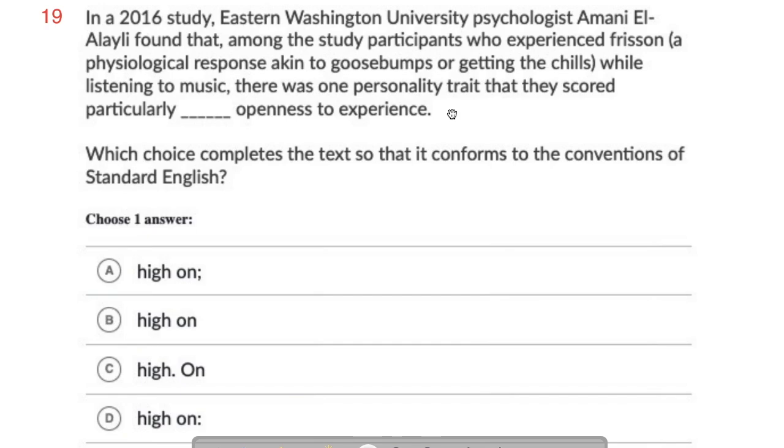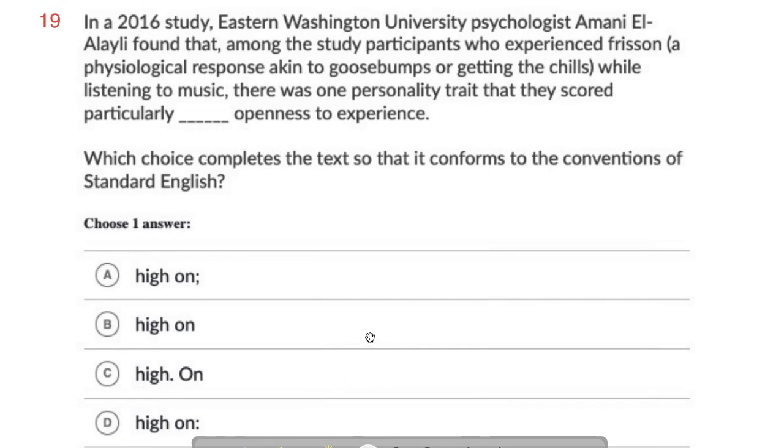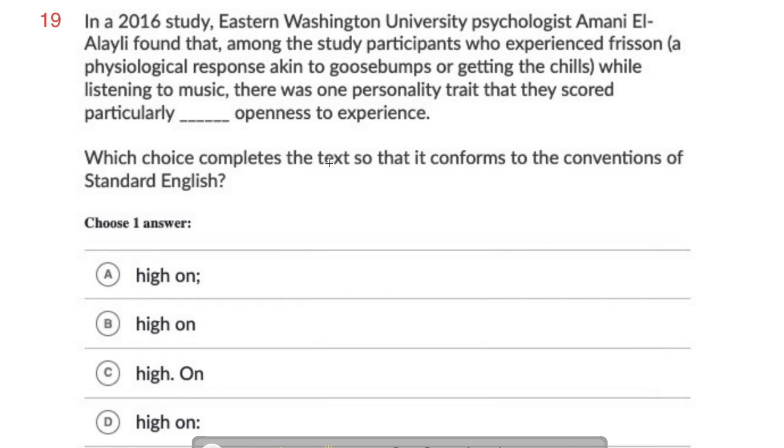That they scored particularly high on seems sloppy, but whatever. That's not what they're testing on here. What they're testing on here is this. We've got a setup, and then we have a payoff or a punchline.